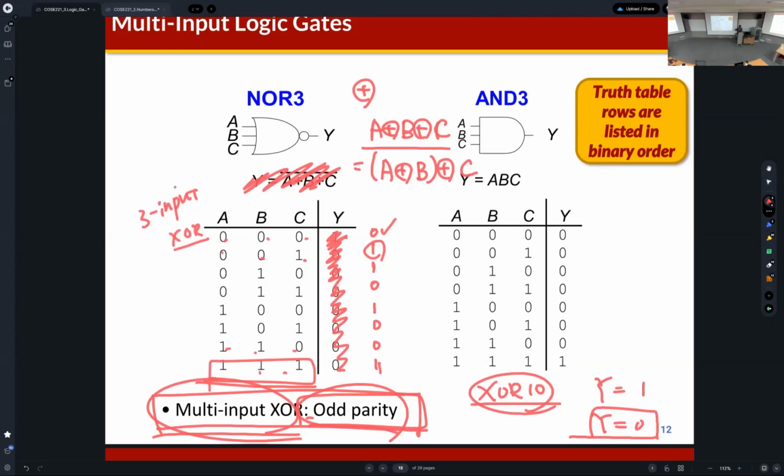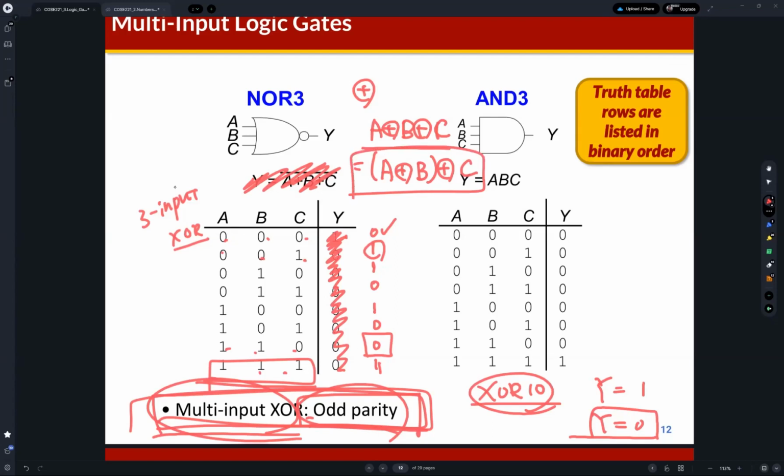The count of ones is 2, an even number, so it becomes 0. So this is the property of the multi-input exclusive OR. We can apply this property like this, and if we know the property of exclusive OR, then we can easily figure out the multi-input exclusive OR. Okay, good question.